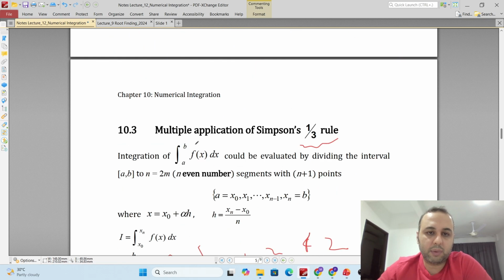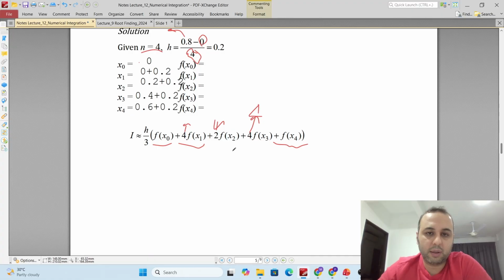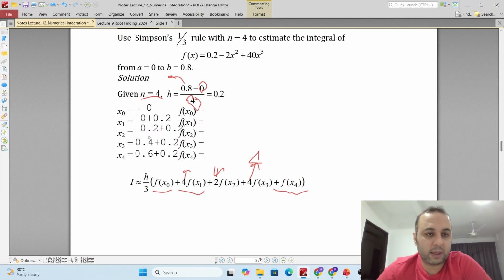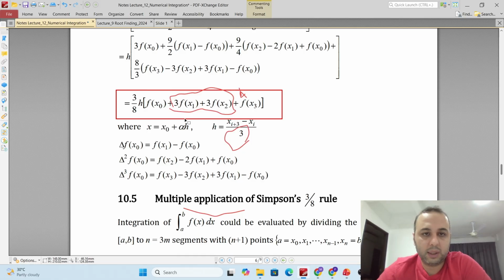We also studied multiple applications of Simpson's 1/3 rule, meaning we have multiple points, right? We also studied Simpson's 3/8 rule, which was the formula, as you can see, 3h/8 times f(x0) plus 3 f1, 3 f2, 3 f3.